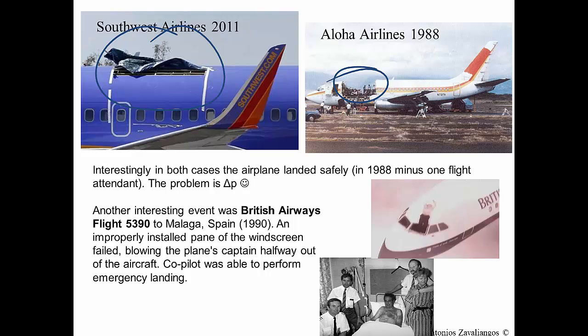I forget exactly where it was flying to, but it was interesting because a similar accident as the previous one that I was discussing actually resulted in a much lower amount of damage. And going back in time, there were a lot of interesting accidents related to airplanes.